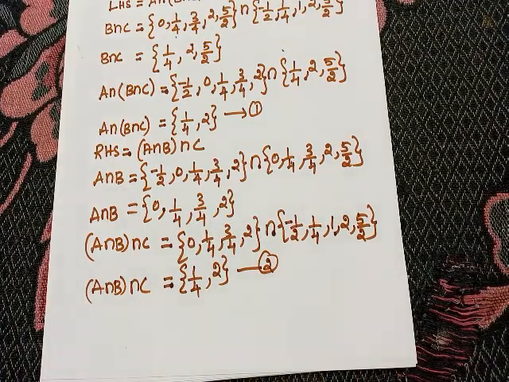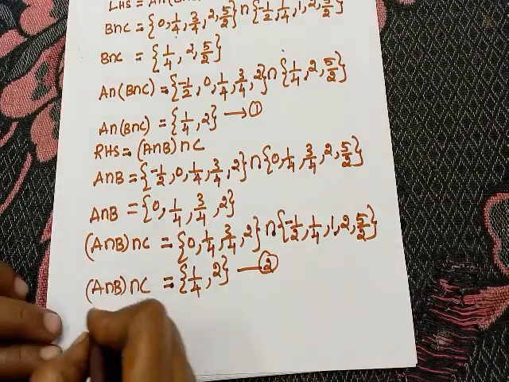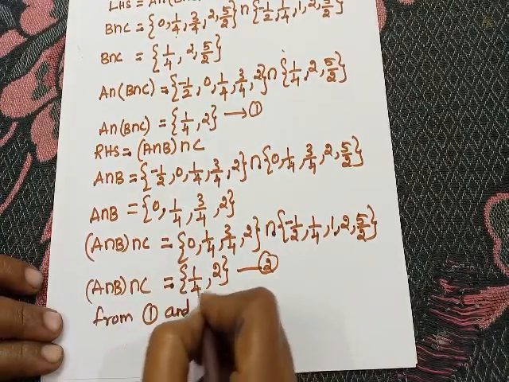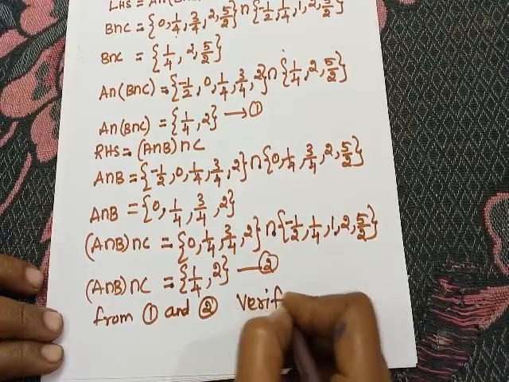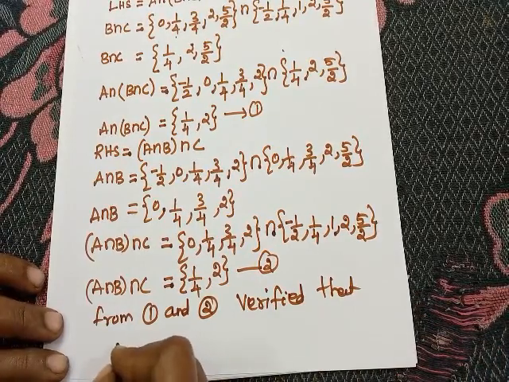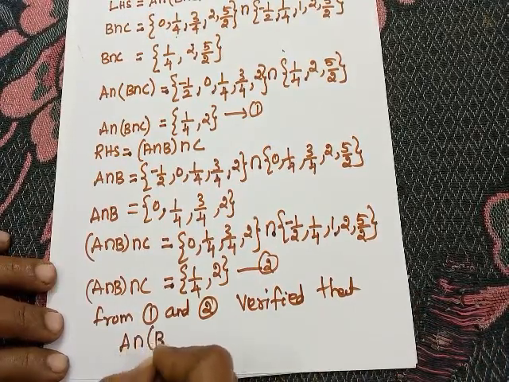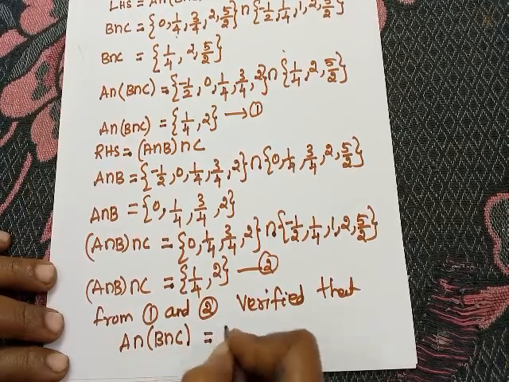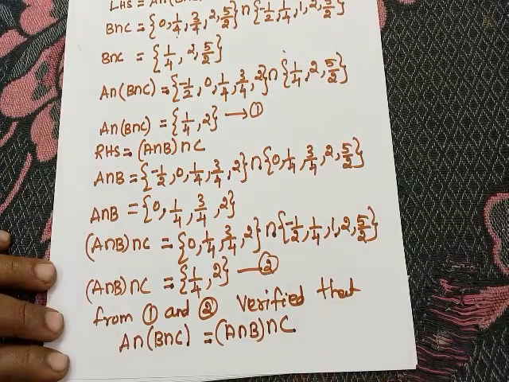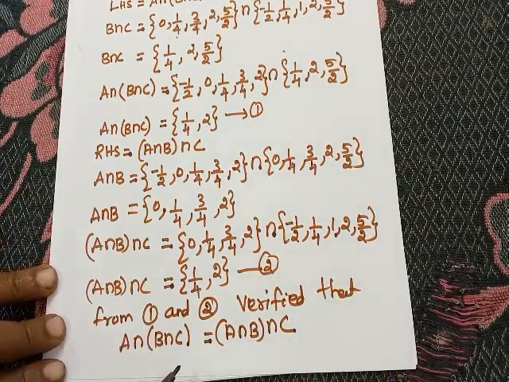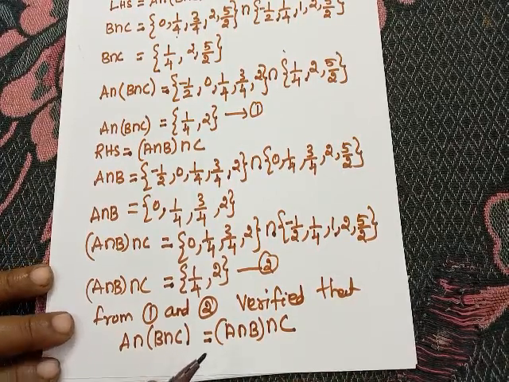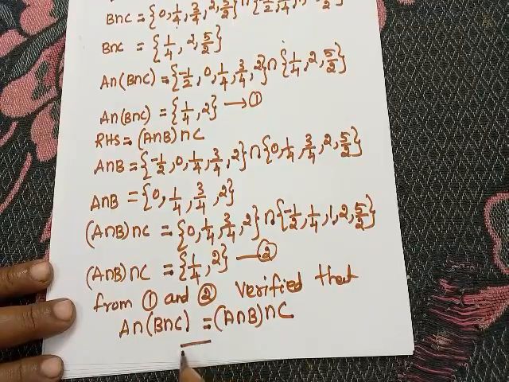So we can say A intersection (B intersection C) is equal to (A intersection B) intersection C. So what we verified here is the associative property of set intersection. Understood, students?